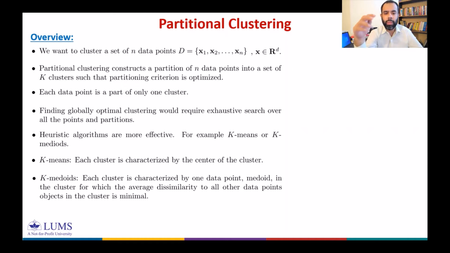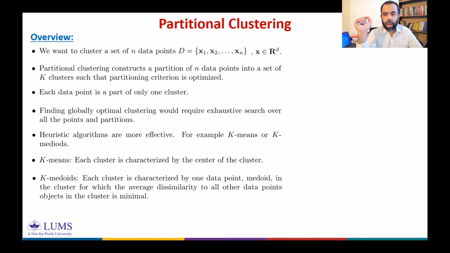So this is the main difference between K-means and K-medoids. In K-means, we try to have more and more compact clusters, but the centroid that characterizes the cluster does not need to be a data point. But in K-medoids, we should have a data point which characterizes the cluster.